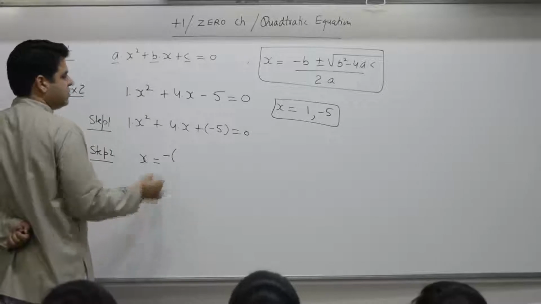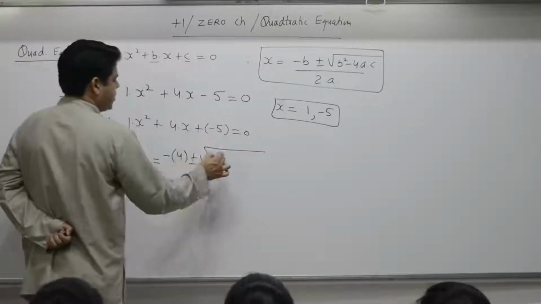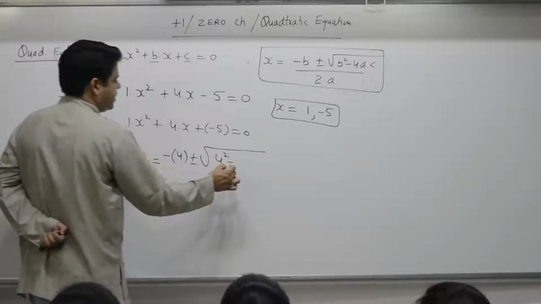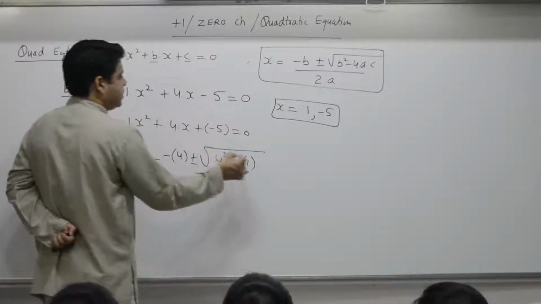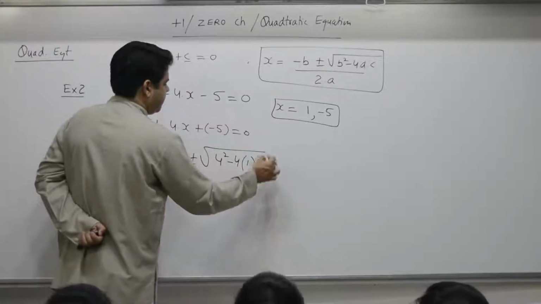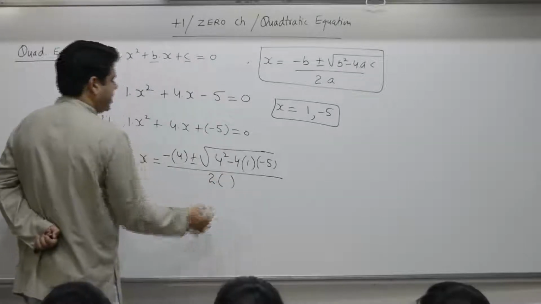B is how much? Plus minus root of b square minus 4a. A is what? 1. C is what? Minus 5 divided by 2a. A is what?